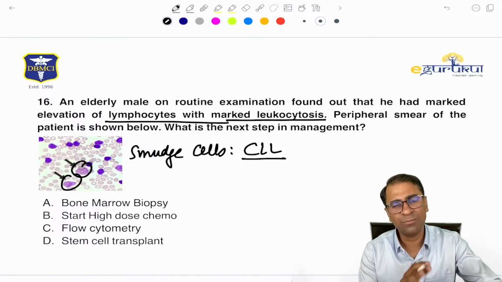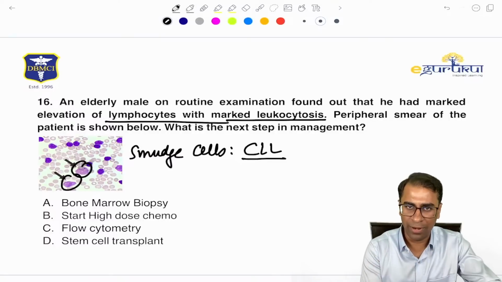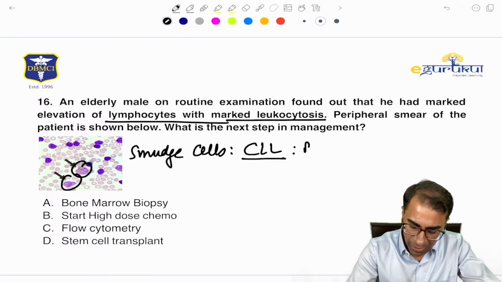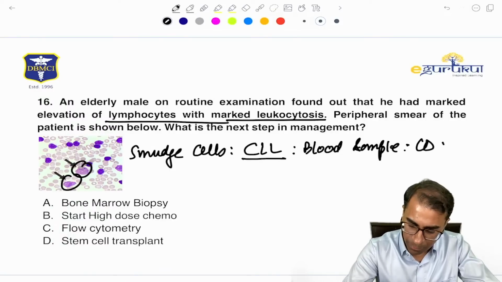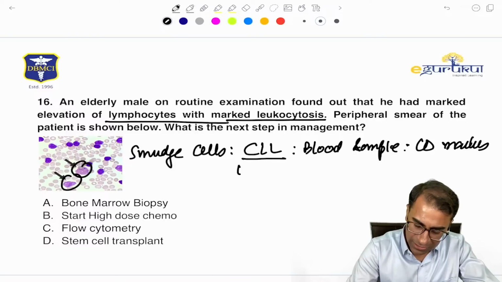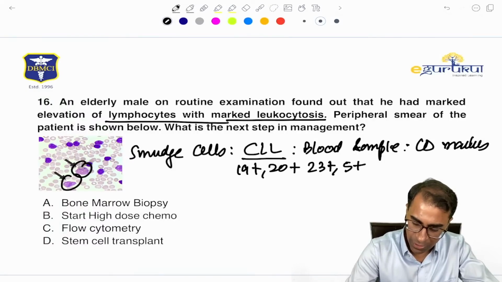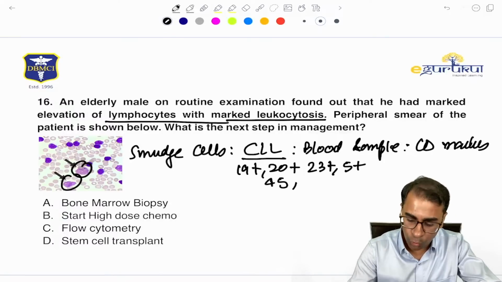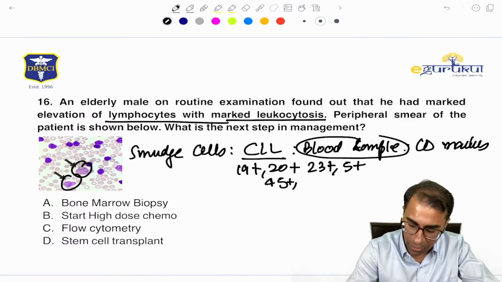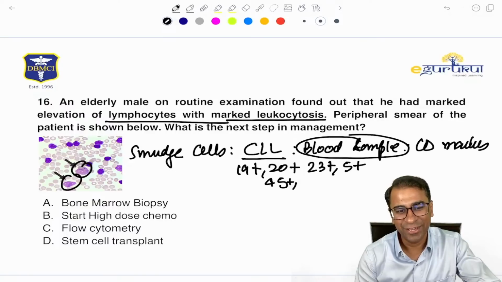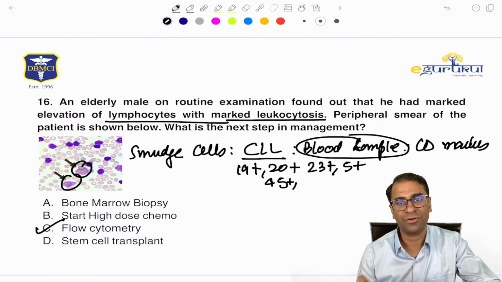So why take someone's bone marrow? Why take someone's lymph node? If you're seeing the tumor in the blood, send this blood sample for CD marker diagnosis. It will come as CD19 positive, 20 positive, 23 positive, 5 positive, along with 45 positive surely. To look for the CD marker in the blood sample, what test to do, guys? You must do flow cytometry.